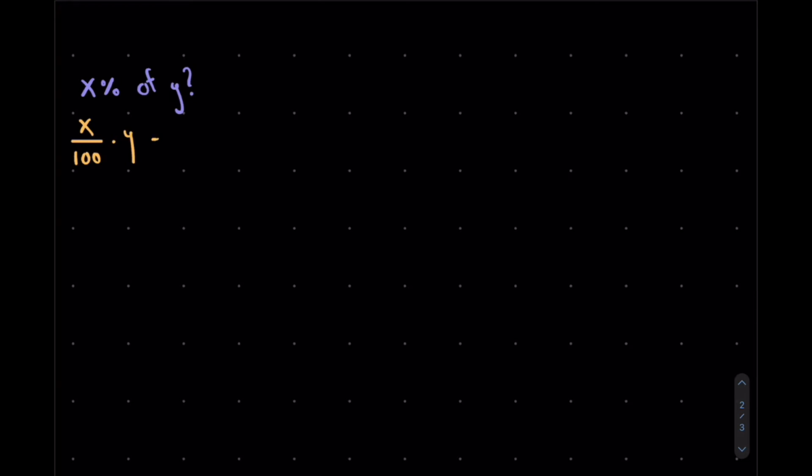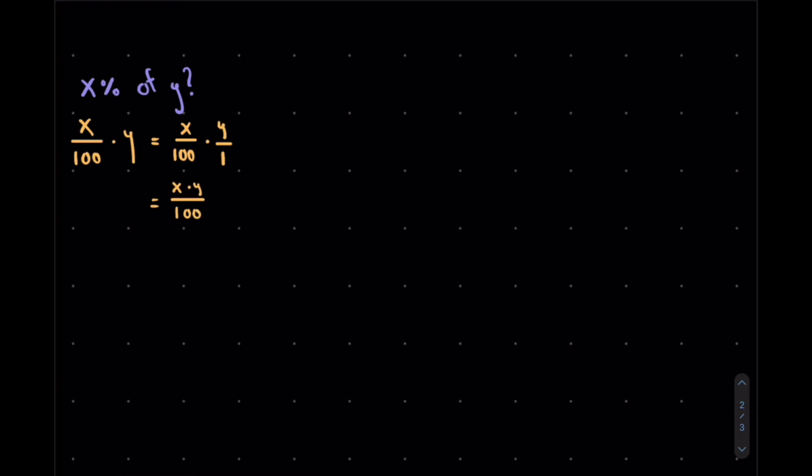We could write this as being equal to x over 100 times y over 1. Notice that we haven't changed anything. We've just divided y by 1, and we know that anything divided by 1 is still itself. Now we're going to bring these two fractions together, so we have in the numerator x times y, over 100.